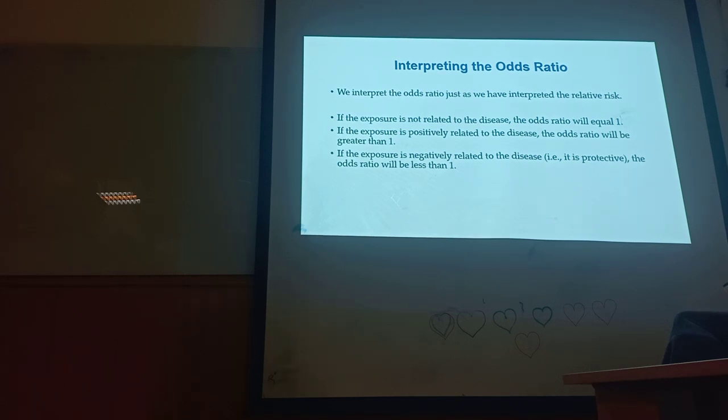We get the same result. What is the interpretation of the odds ratio? The interpretation is the same as risk ratio, which means if it is greater than 1, the exposure is a risk factor. And if it is lower than 1, it is protective factor.